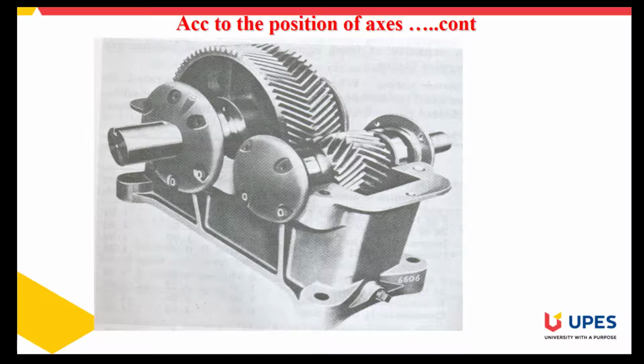This combination is called herringbone gear. Why the name herringbone? Because of the fish, whose spine is in the form of this profile or shape. Therefore, it is called herringbone gears.